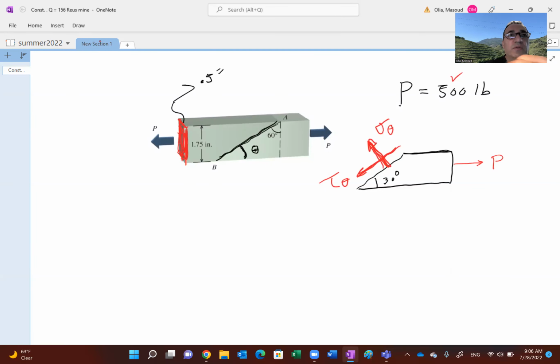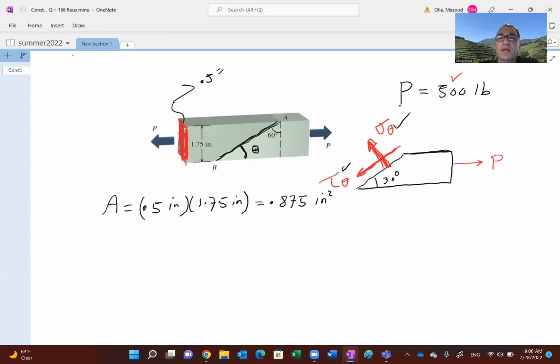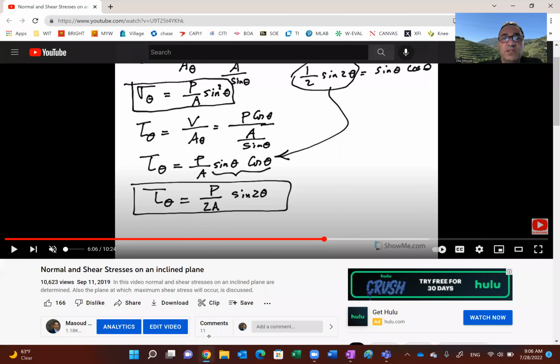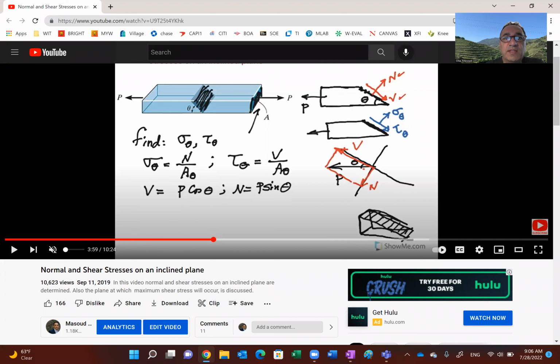So let me calculate that area: 1/2 inch by 1.75 inch becomes 0.875 inches squared. Again, I want to go back to this picture and see the way the angle was defined. You see the angle theta is that angle.